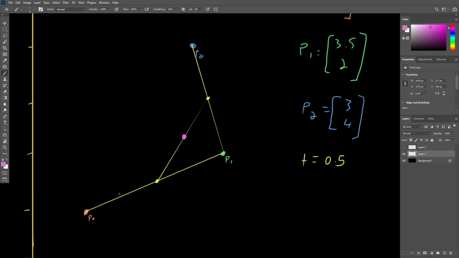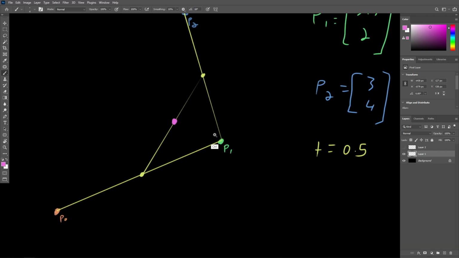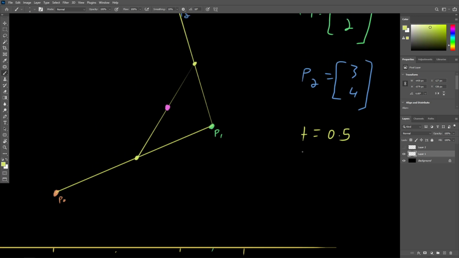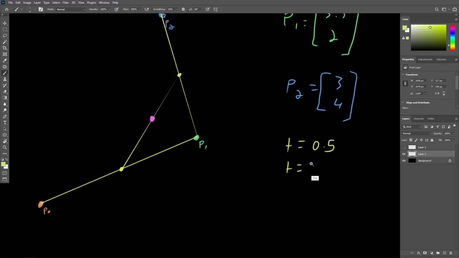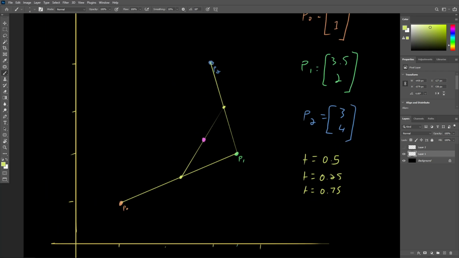We might make a few mistakes in estimating where this curve is going to fall, so we'll quickly use a few more t values to aid us in drawing it out. We'll also test t equals 0.25 and t equals 0.75, to get a quarter and 3/4 of the way along these lines, respectively.